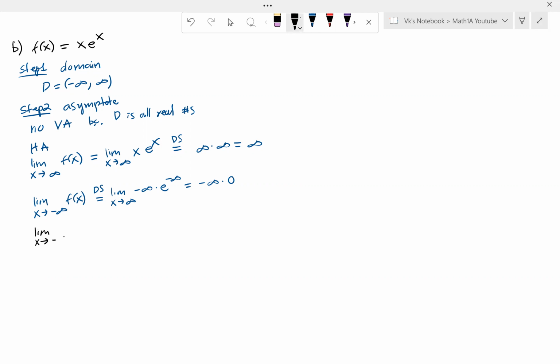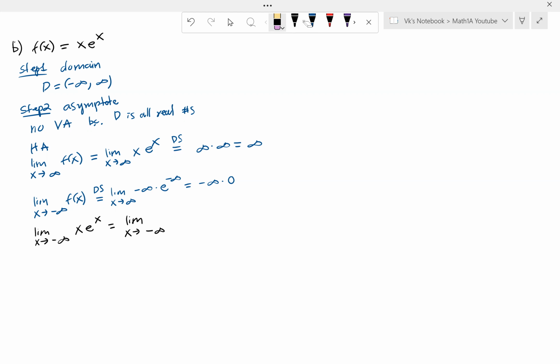Limit as x goes to negative infinity of x e to the x is the same as the limit of x times e to the x. There's a much better way to do it, because x goes to negative infinity.